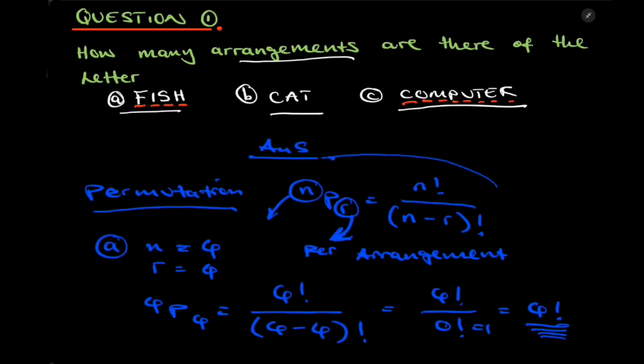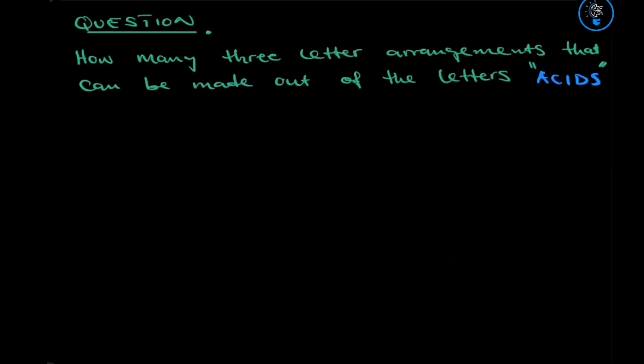Now, why is it that this formula is better than the approach of using factorial? Okay, so the question is, how many 3-letter arrangements can be made out of the letters of the word ACID? So we need first to know the number of letters present in that particular word. So we have 1, 2, 3, 4, 5. So we can say n is equal to 5. We have a total of 5 letters. Then we are told that we need to make 3 letters per arrangement.